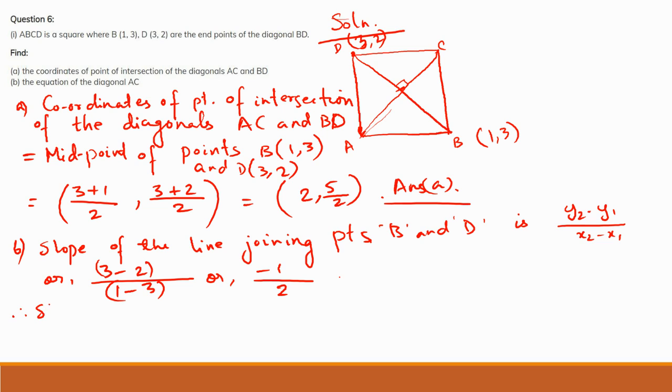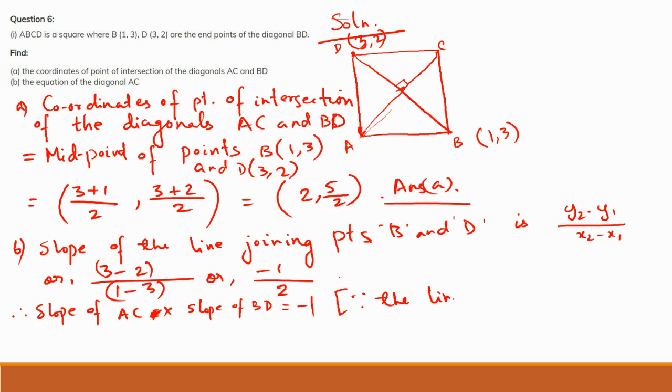Therefore, slope of AC equals, we all know, right? Slope of AC times slope of BD should be equal to minus 1, right?